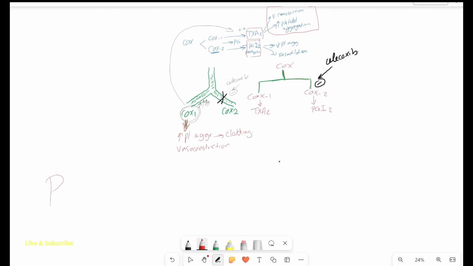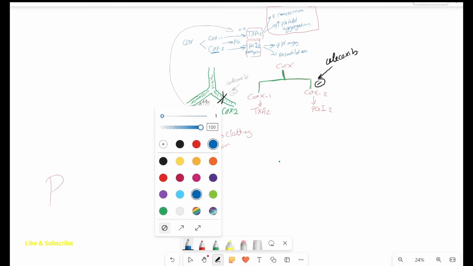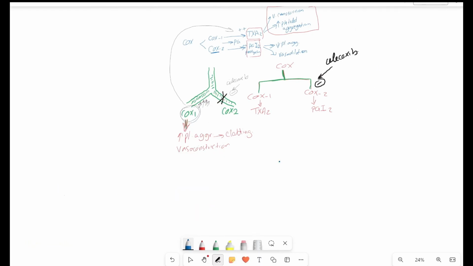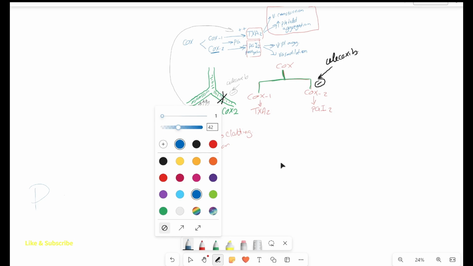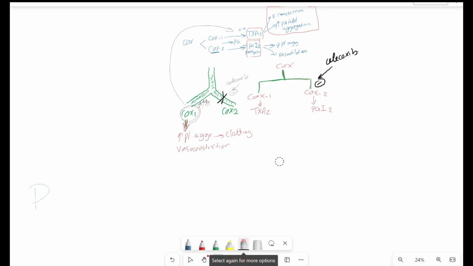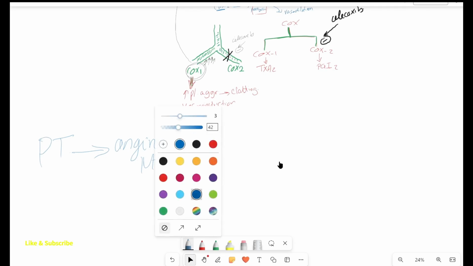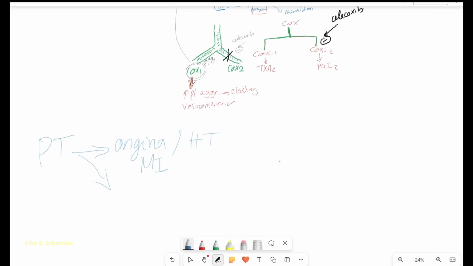A patient comes to the clinic, and this patient has a history of angina or hypertension or MI, and this patient suffers from arthritis.